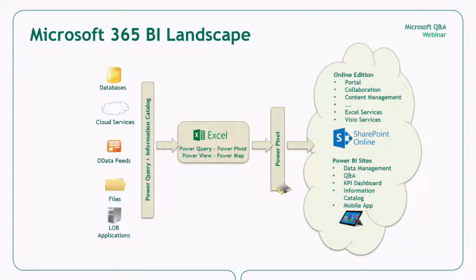Power Map for things like interactive geospatial journeys through the data. And that can then be loaded onto SharePoint Online and used, as we've just seen, through Q&A, through dashboards, through all different sorts of ways of looking at data.